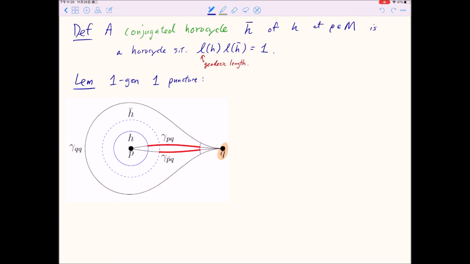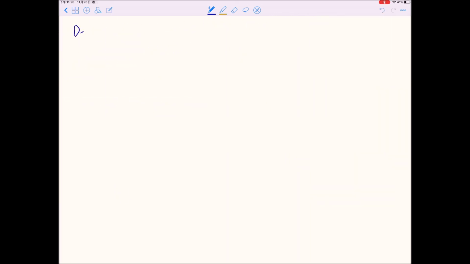Then in this configuration, we have the following formula. It turns out that the lambda length of the outer boundary is the same as the product of the two truncated arcs between P and Q. So this is the bad situation in the classical case with one-gon and one puncture.